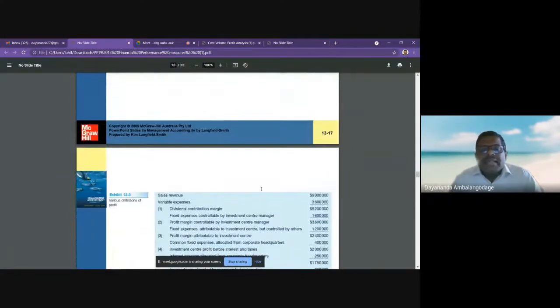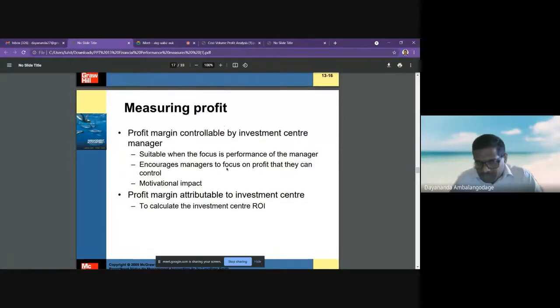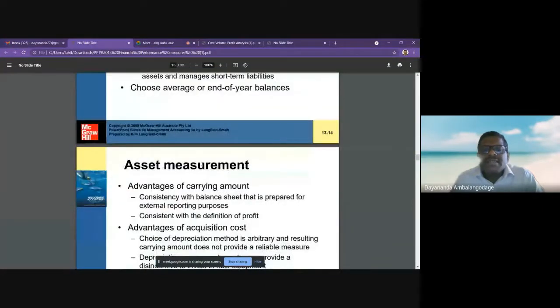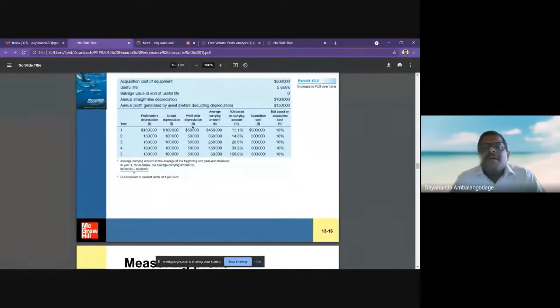I think I explained that measuring profit margin contributed by investment center managers is suitable when the focus is the performance of the manager. It encourages managers to focus on profit that they can control, with a motivational impact; profit margin attributable to the investment center. When you try to measure the return, here we discussed assets measurement: assets measured either at average carrying value or acquisition cost.